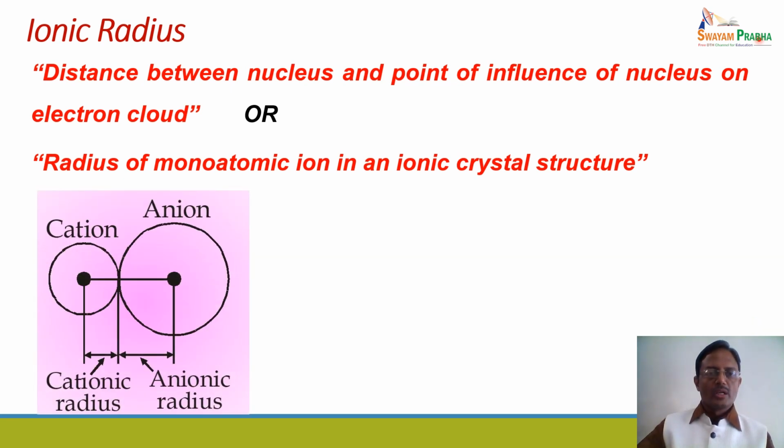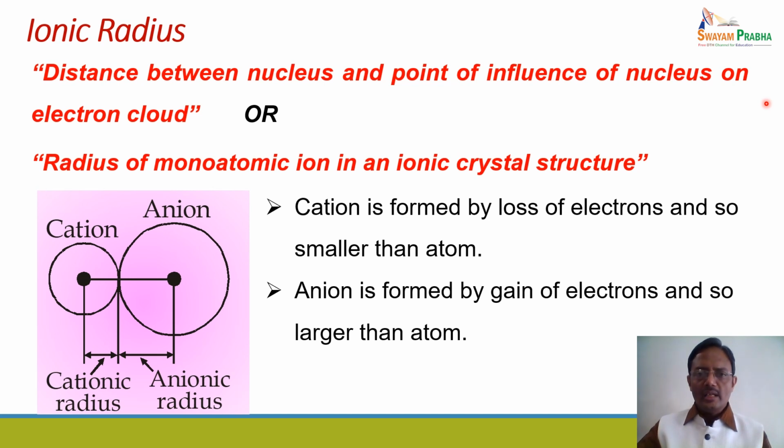For example, if we consider this cation and anion forming a solid ionic crystal, in solid state they are externally touching each other, and so this radius is called the cationic radius, and this is called the anionic radius.